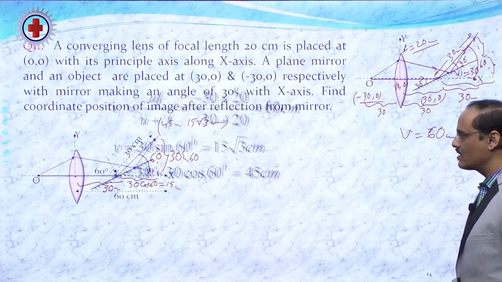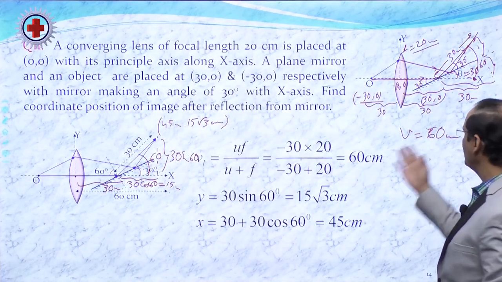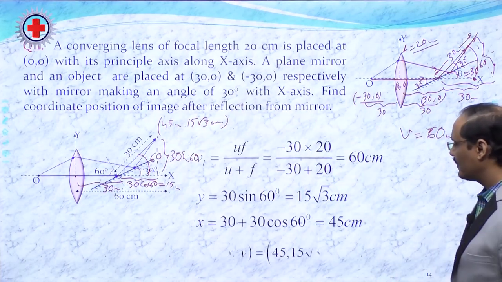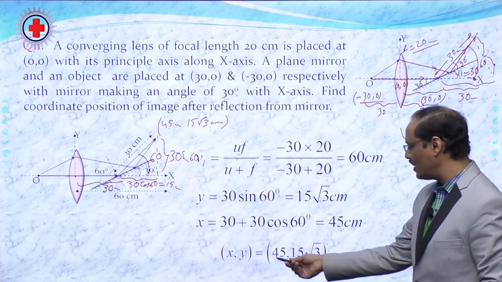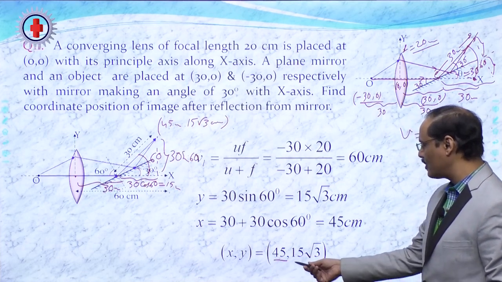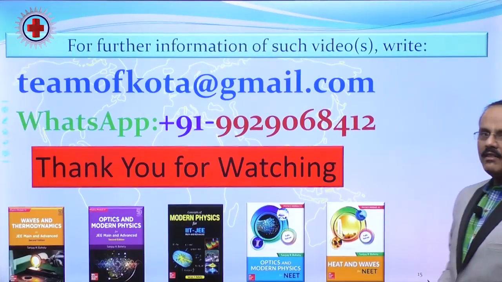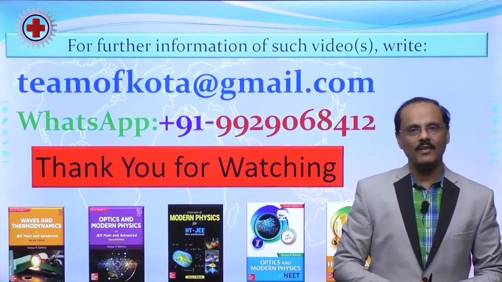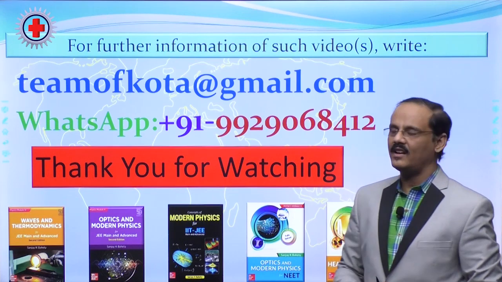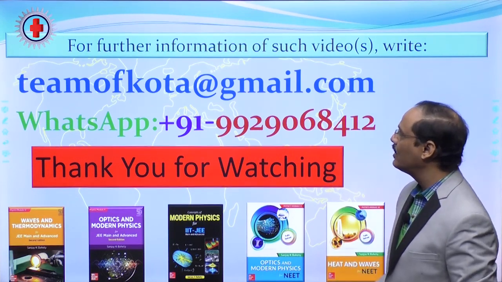All those derivations are given here, which I have just solved, and the final coordinate position is 45 comma 15 root 3. So, this is our idea of a combination of lens and mirror in contact and at such separation.